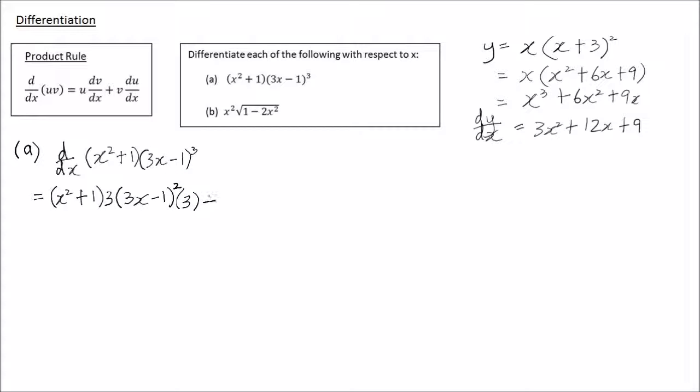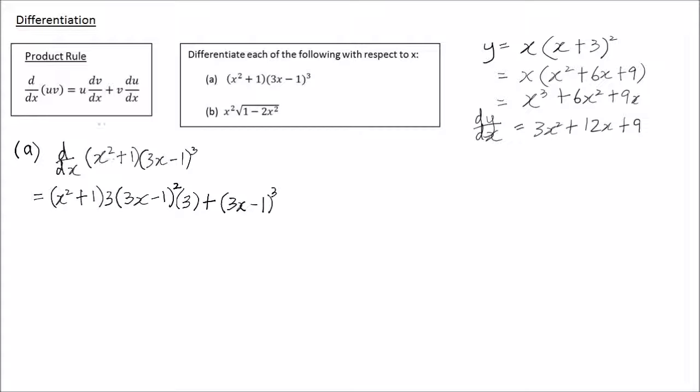And plus, following the formula here, now leave the second function alone. Just copy it down. 3x minus 1 cubed. Now differentiate the second function. Since the power outside this bracket is 1, no number shown here means it is 1.